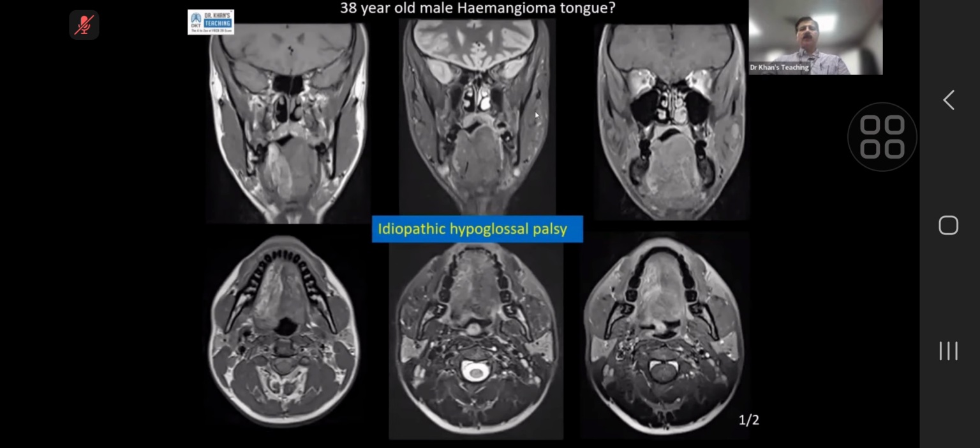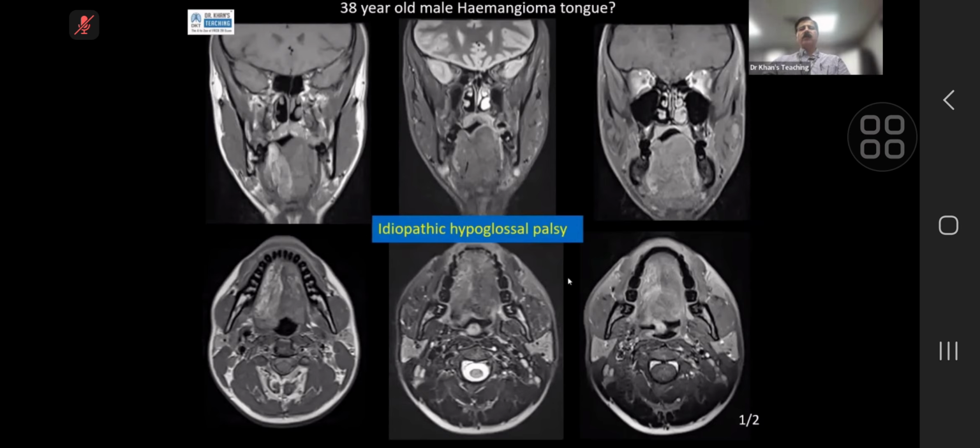What we found is that there was high signal on the T1 weighted sequence. This is STIR, just a faint edema, just a bit of enhancement. So this was subacute. In this particular case, no lesion was identified.